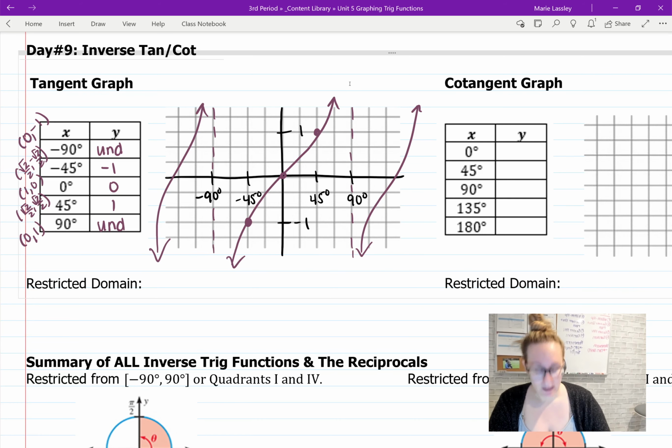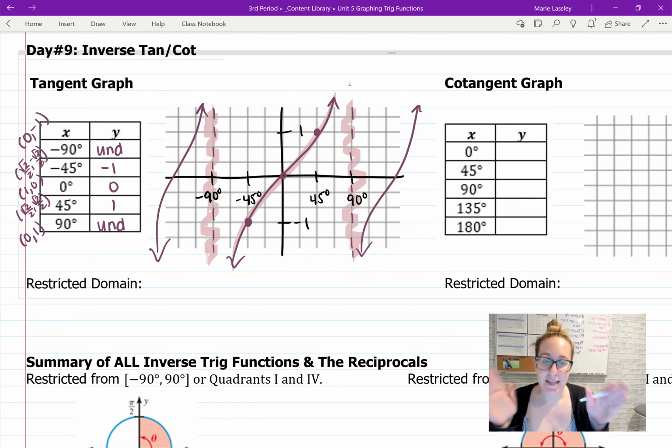Luckily, tangent has its sections already figured out for you. You don't have to do that much thinking to figure out where we're going to use our tangent values for our inverse. We're going to use this section right here from -90 to +90.